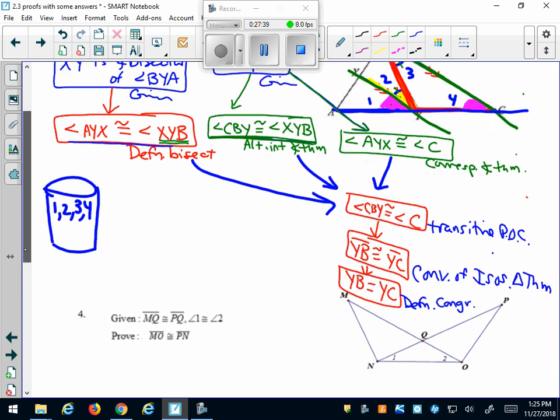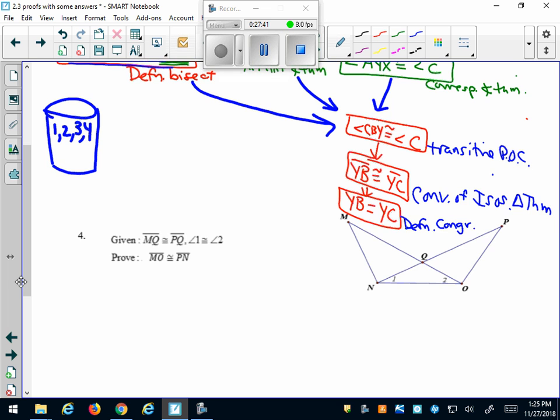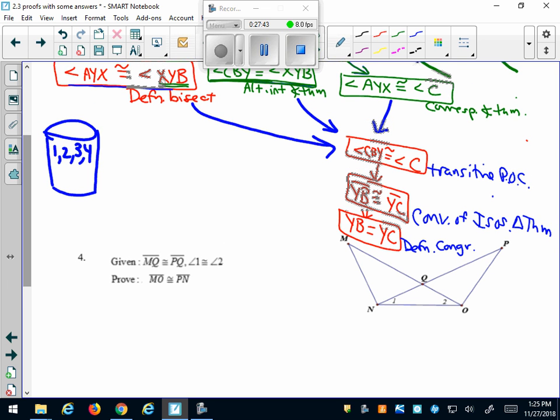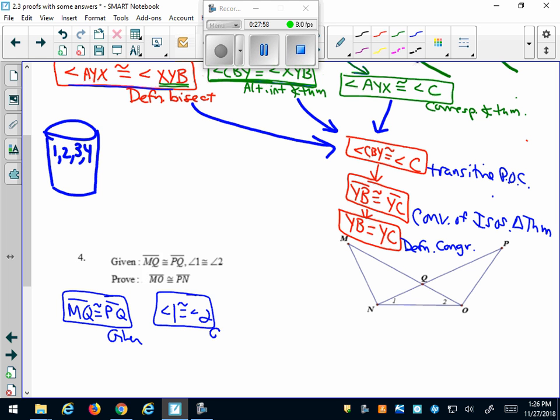All right, so this next one has some overlapping triangles here. MQ is congruent to PQ. And angle 1 is congruent to angle 2. So let's look at our diagram and mark it up and see what conclusions we can make.